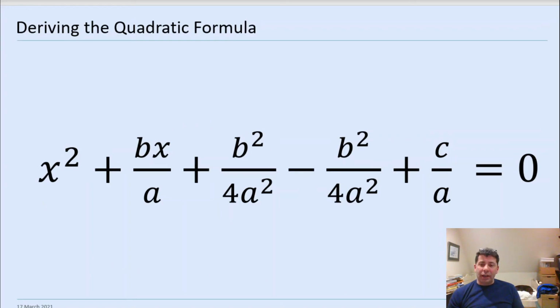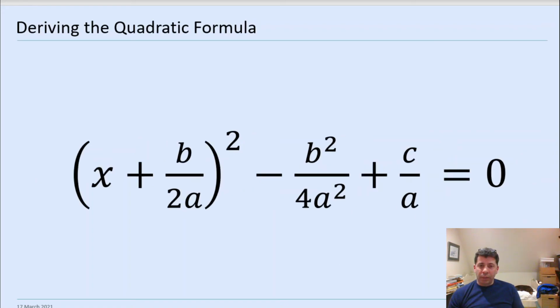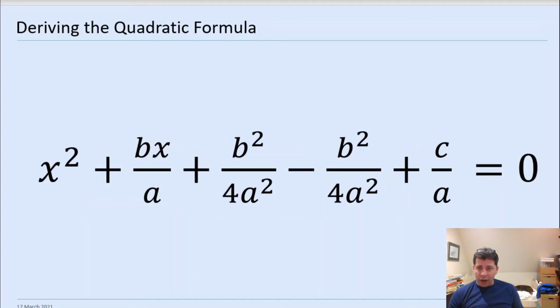Next, these three terms on the left, they are actually an exact square. It's worth checking this if you want to in your own time, but these three terms on the left equal x plus b over 2a all squared. The reason is because if you multiply this out, you get x times x, which is x squared. Then you get bx over 2a, then another bx over 2a, and those two add up to make 2bx over 2a, which then cancels down to bx over a.